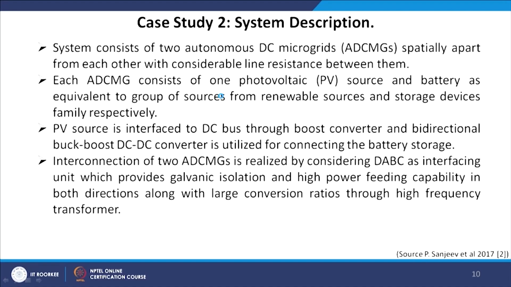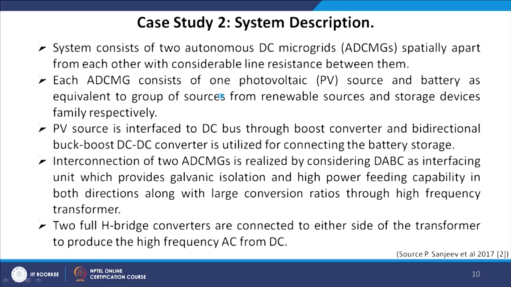Interconnection of the two DC microgrids is realized by considering DABC as the interfacing unit, which provides galvanic isolation and high power feeding capability in both directions, along with a large conversion ratio through high frequency transformers. Two full H-bridge converters are connected to either side of the transformer to produce the high frequency AC from DC.